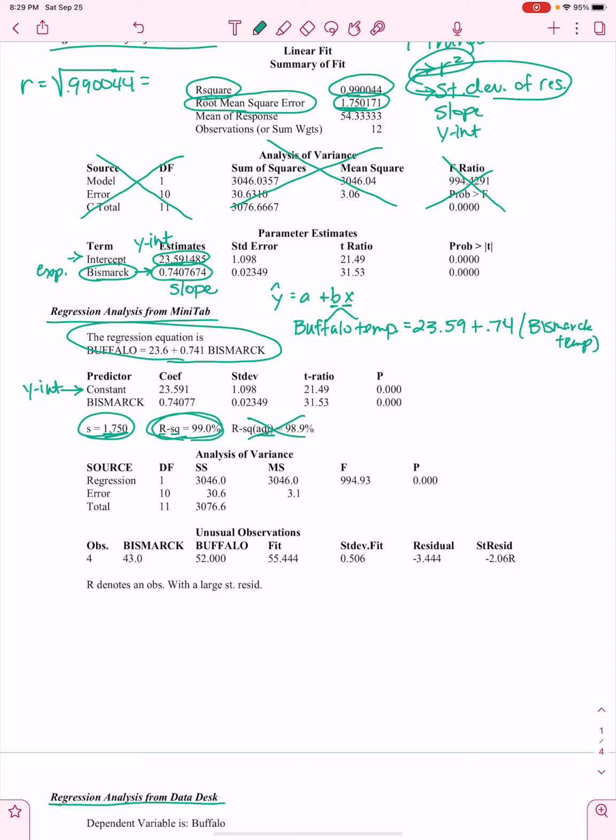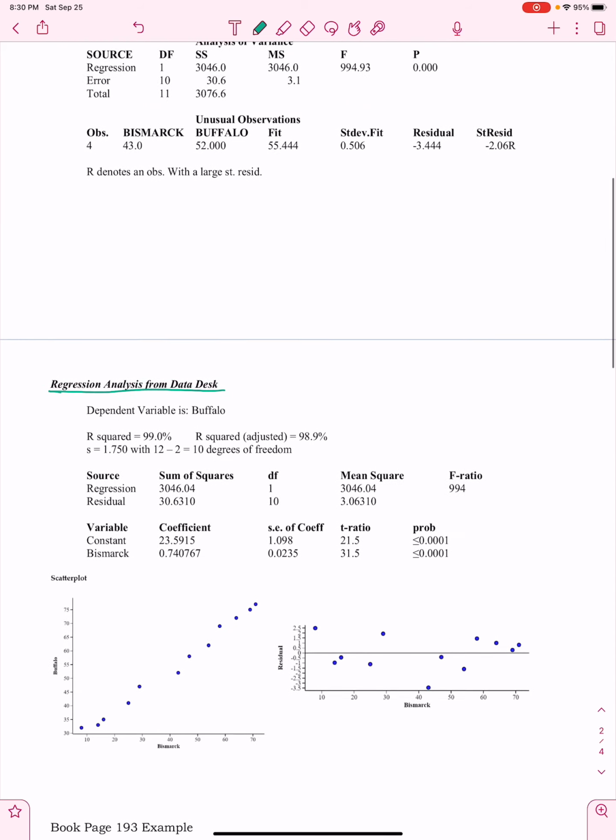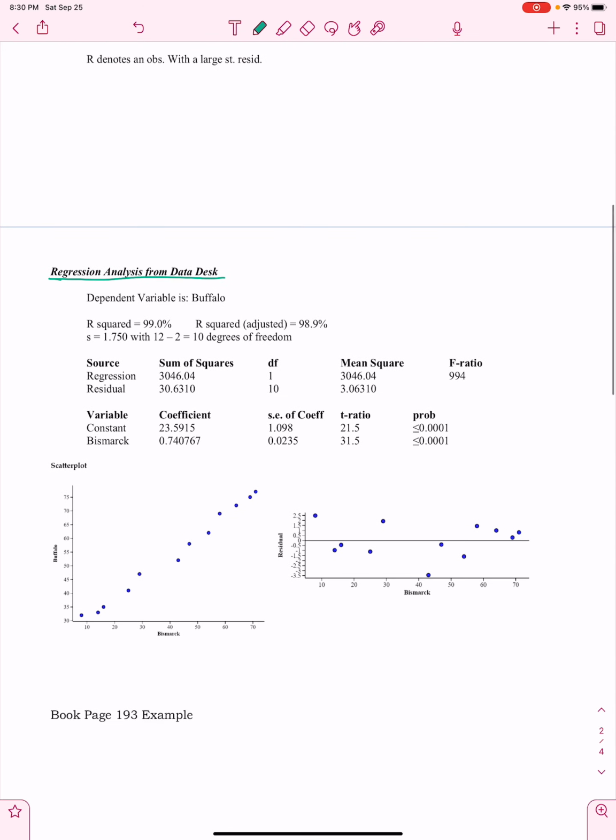Okay. Then this is a regression from Data Desk, and typically what you'll see on a linear regression question where they want you to build the equation, you'll be given some information like this. See, I've got my R squared here, I've got my standard deviation of the residuals, I've got my y-intercept, and I've got my slope right here.